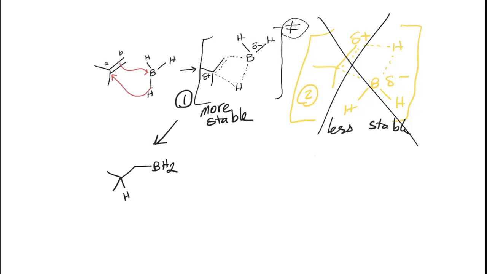In the transition state, you're adding boron and hydrogen at the same time to the same side of the double bond, and this is called syn addition. Syn addition. And later, boron will be replaced with OH.